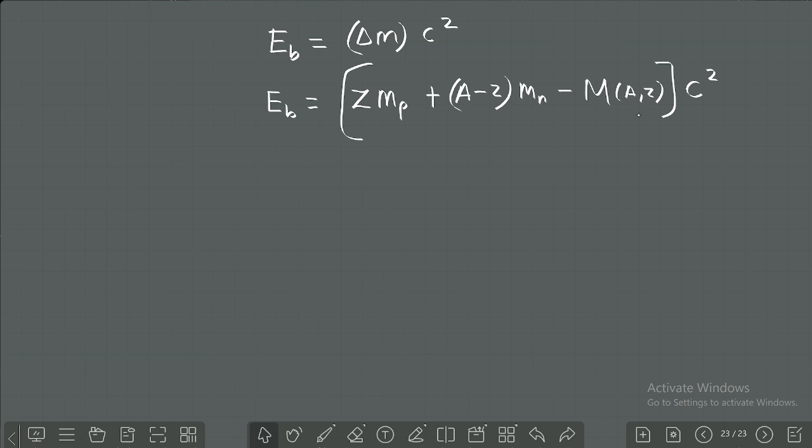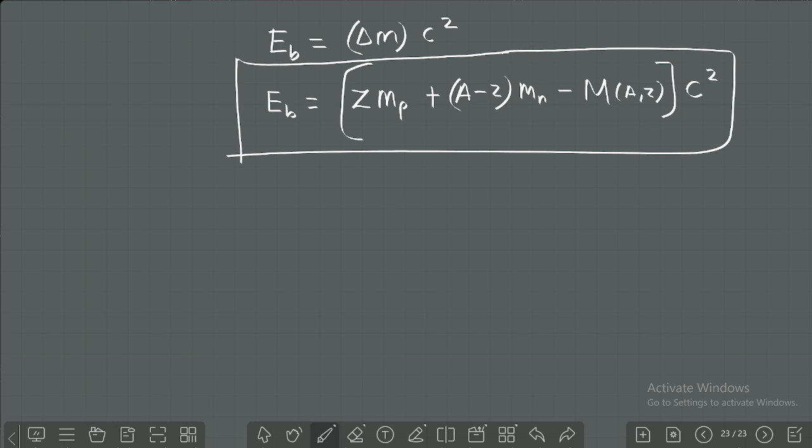What is the formula? Z M_P plus (A minus Z) M_N minus M_Z. Clear? So remember this formula.